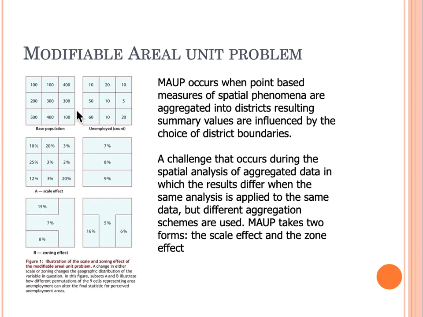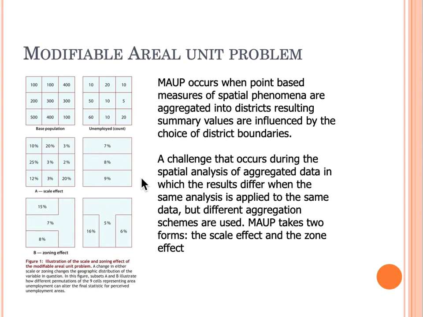If I show the population as a percentage of unemployed, we can see that if we're using 9 boundaries, it changes the size of the percentage for the final result, compared to if we altered the size here, where the results are shown differently. The same goes for the zoning effect. So this is the scale effect and the zoning effect.